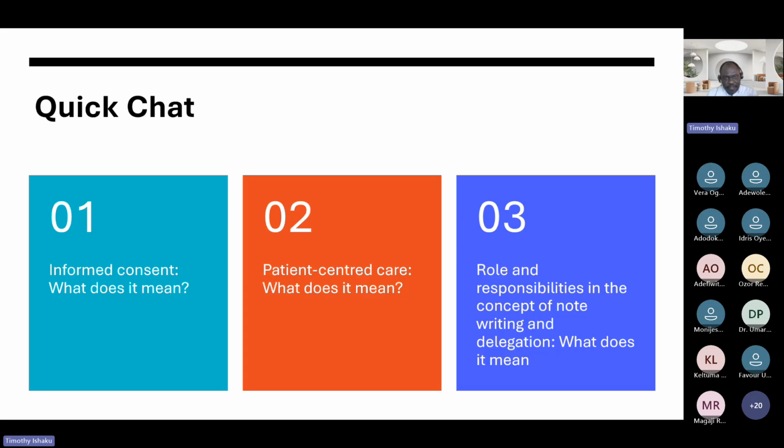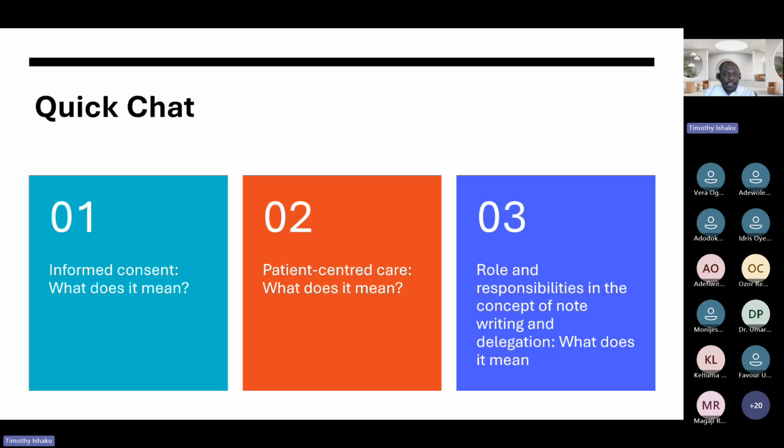Or students, because students have not got the qualification or registration. We are asking students, but we are still retaining the accountability. So it's not enough for you to tell somebody to do things for your patient. We still retain the accountability for the patient's safety and the quality of care that is being provided.